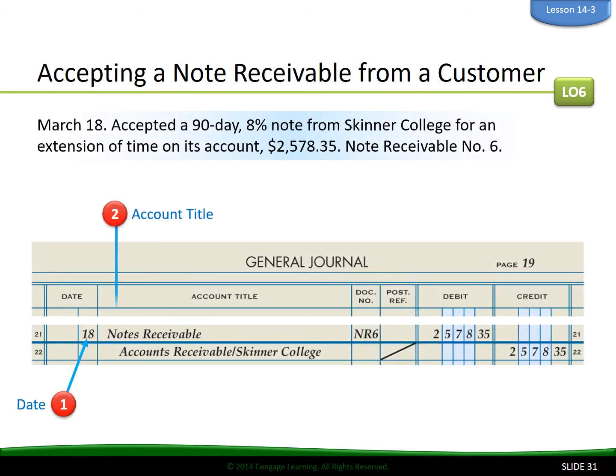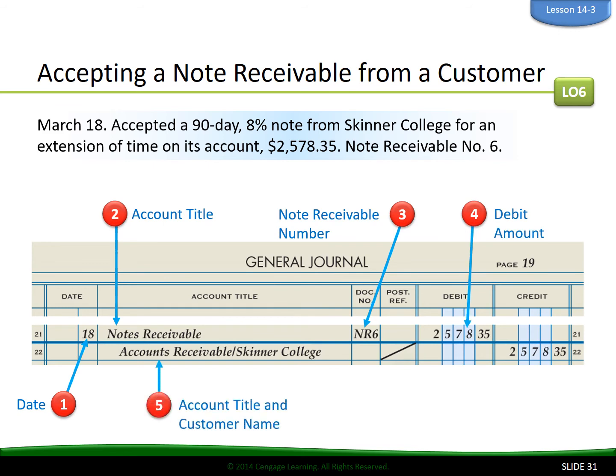Okay, this is how it would look in the general journal. So here we have the steps. First, we're going to make sure that we have the date, then the account title, same line underneath doc number. We have note receivable 6, so we're going to call it NR6.